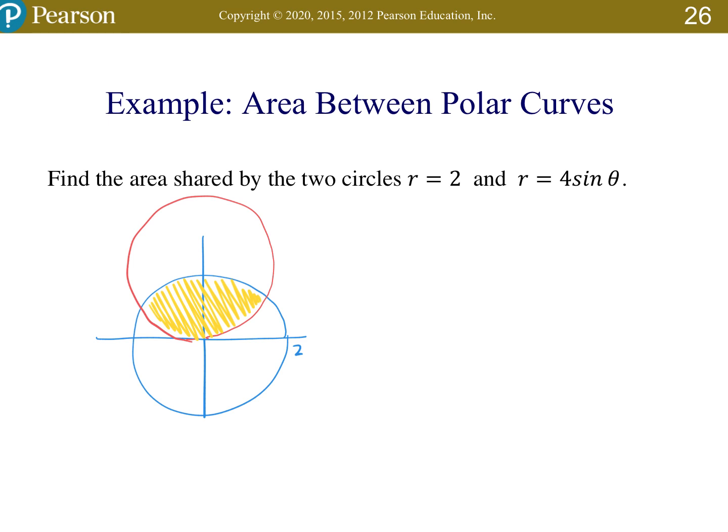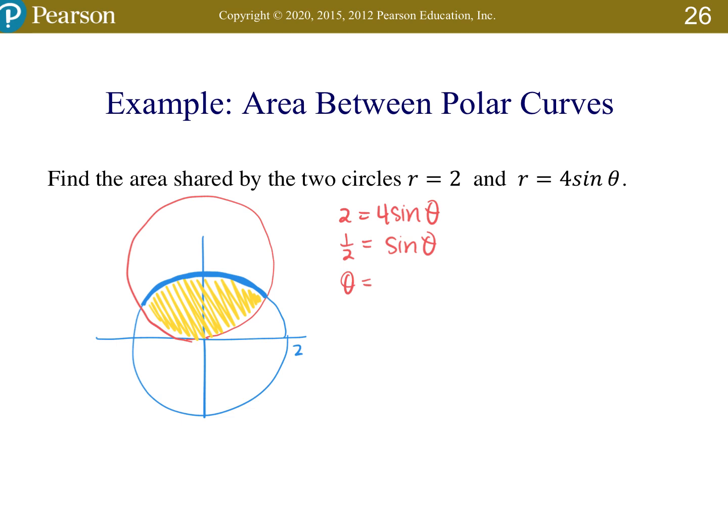In that boundary, the outer edge of that boundary is following what for me is my blue line. And then I want the intersection points of where those two things intersect. So I set them equal to each other. So 2 equals 4 sine theta. So 1/2 equals sine theta.